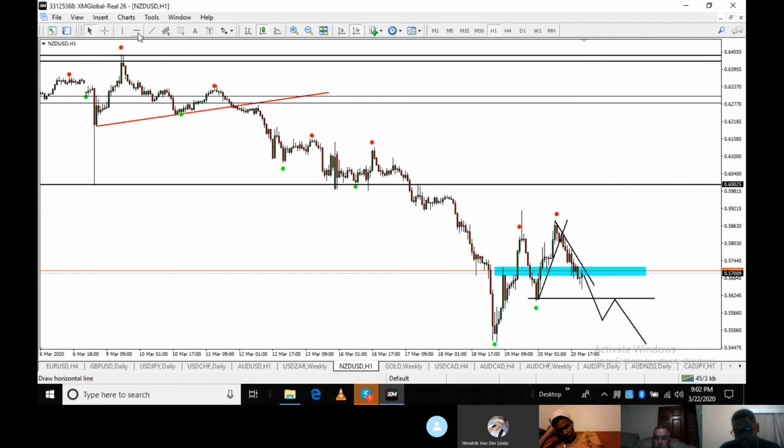Now, on its way down, after retesting this low point, after breaking it, this is where we would be interested in looking for sales, and we would just be going up until there with our stop loss above here.